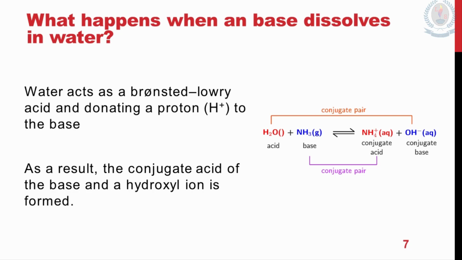Now you can see in this chemical equation the acids and their conjugate base pairs. Clearly understand these things. These are very small and easy things in this lesson to understand.